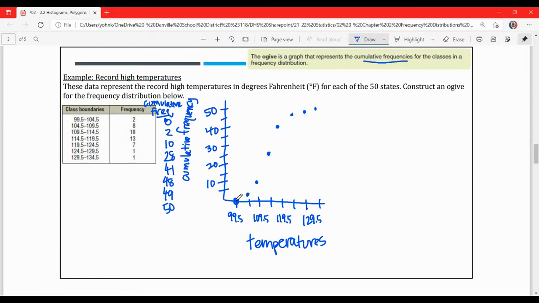And then connect them with as straight lines as possible. So this is called an ogive, or a cumulative frequency graph.